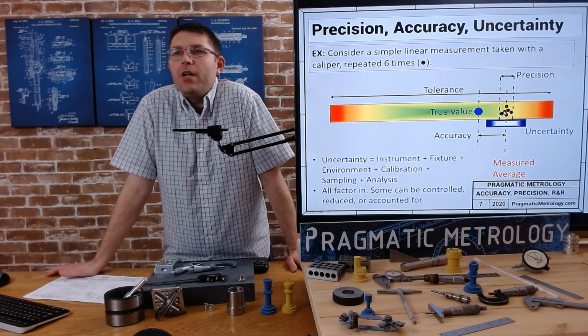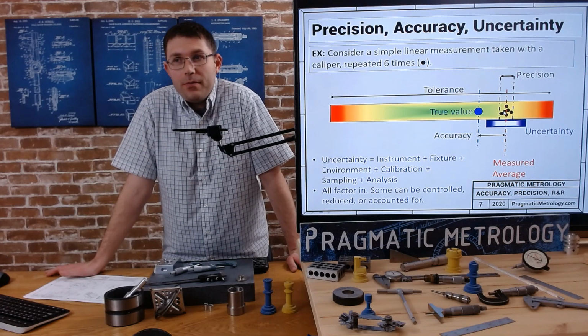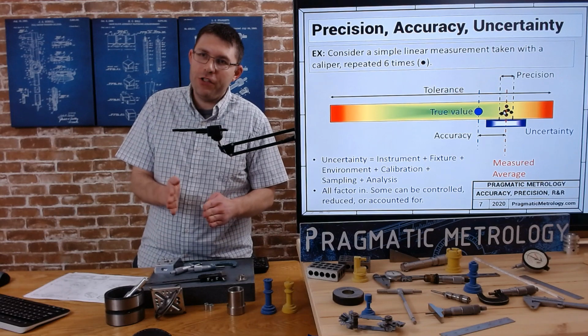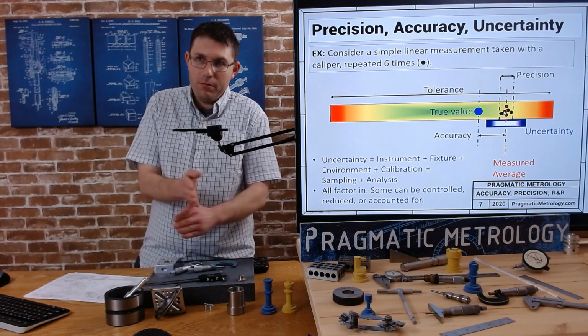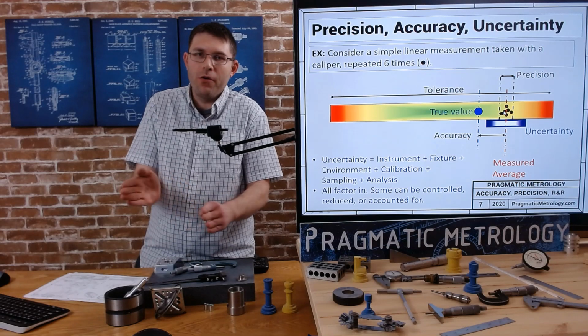And when you're talking about what you can control and what you can't control, accuracy, you can, through calibration and repair, put that distance to 0 or make it smaller.